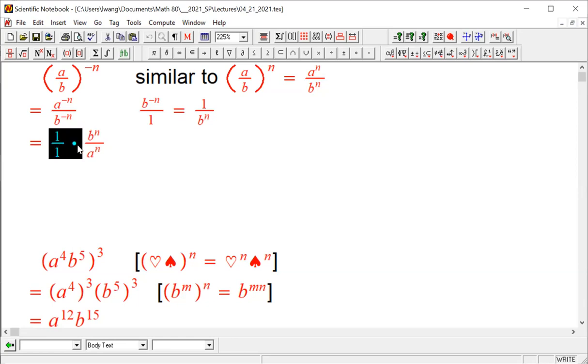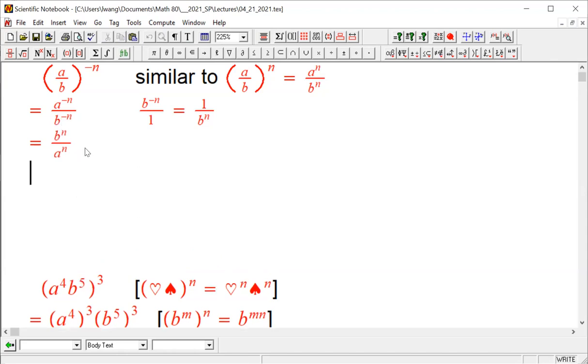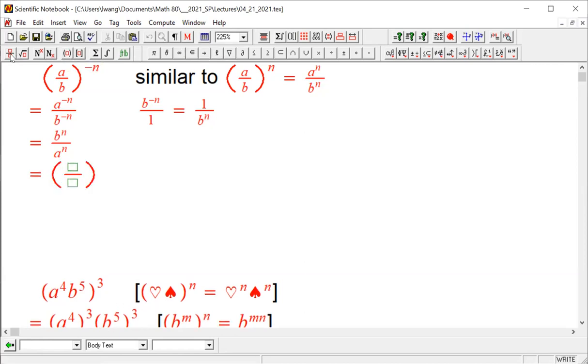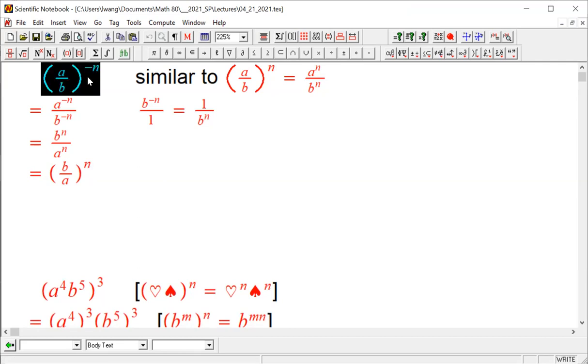So a to the power negative n goes down, and b to the power negative n in the bottom goes up. So in the end, we get b over a raised to the power of n. The negative sign caused the inside fraction to flip. So that's the final answer.